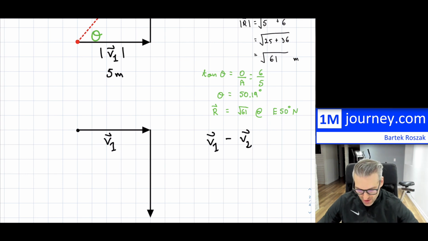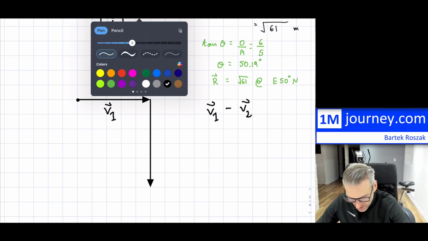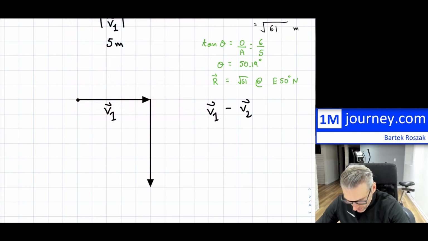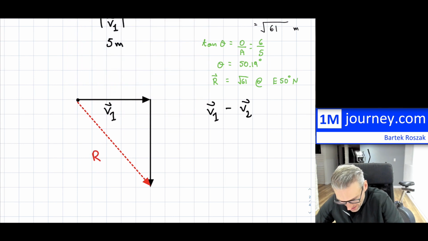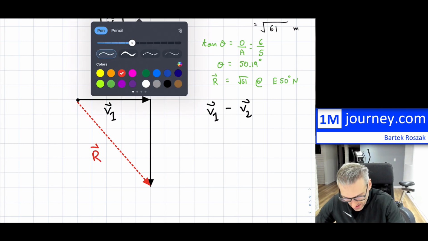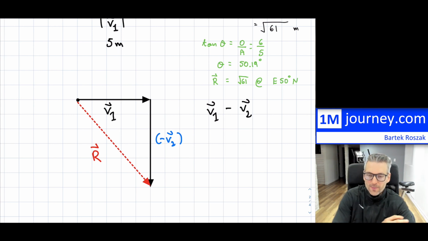So I like to do that, and now my resultant, within here, would head in this direction. So this is my resultant R, and we can find out exactly what that is as well. This right here, I'm going to put it in blue, is the negative V2, the opposite of our vector right there.